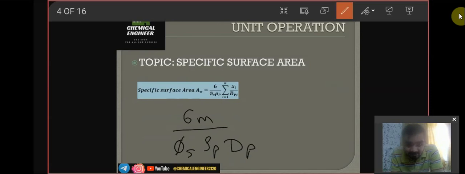Nothing to worry, it is a simple formula. In terms of m we will take m by dp. This is if m or dp is given, suppose only one particle is there, so we have to calculate for one particle, we directly calculate it like this.